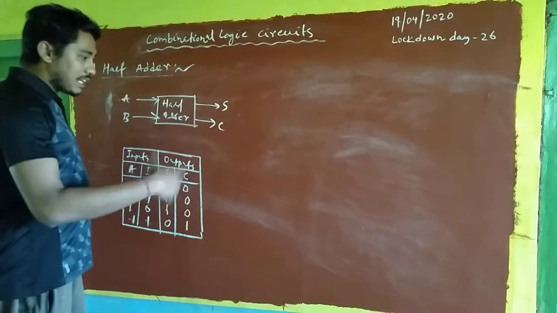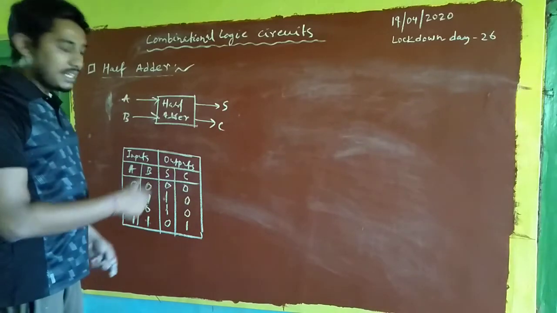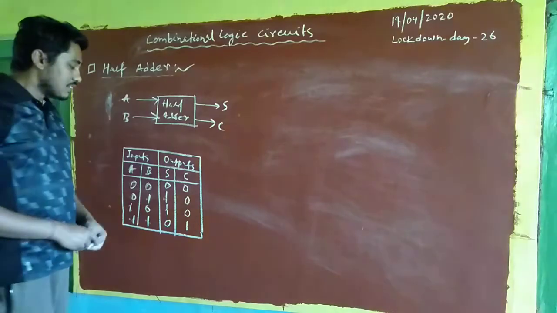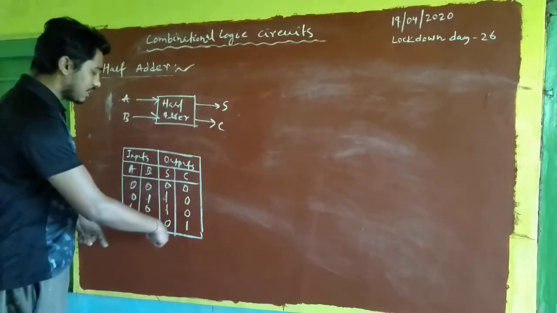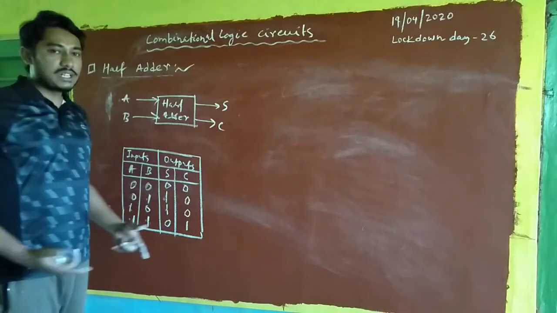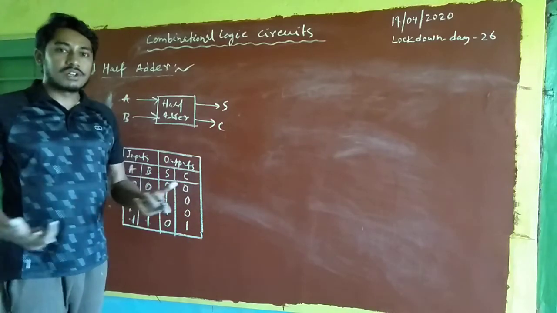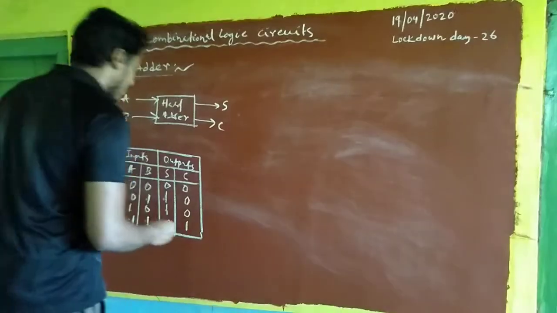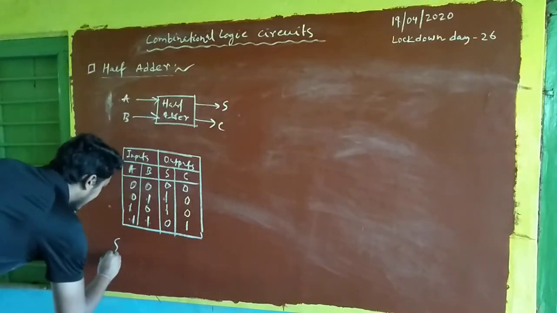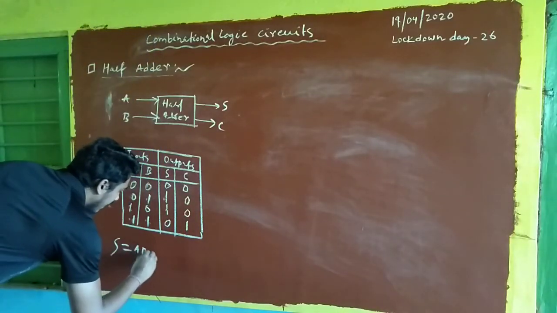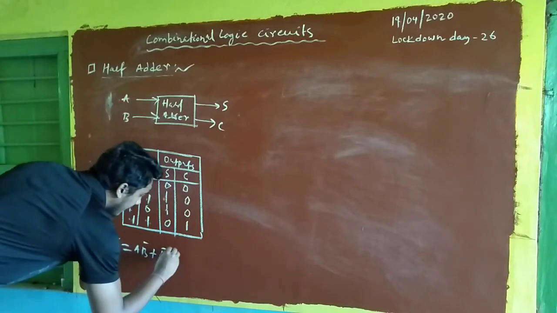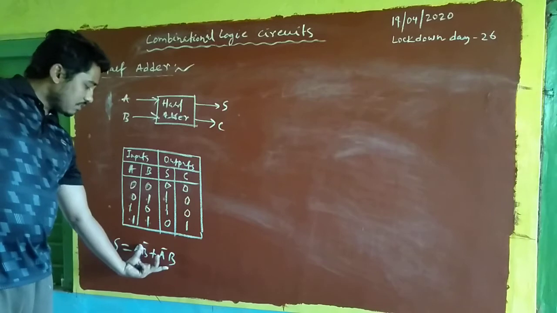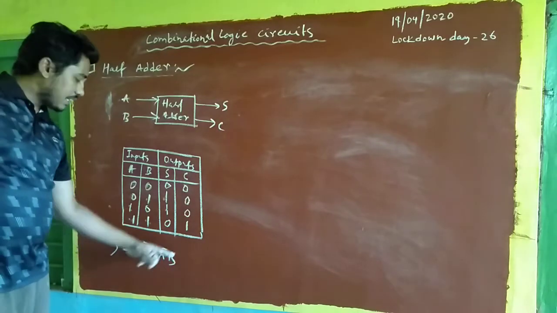Now we will come to the designing of the half adder circuit. Before that we need to design the logic expression. Obviously the summation expression is nothing but the logic expression for the XOR gate circuit. So the XOR gate expression we can write as S equals A B bar plus A bar B, in sum of product form.